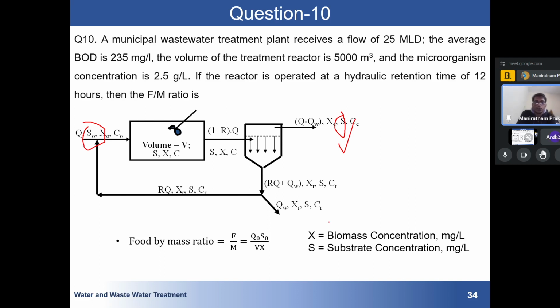I hope everyone knows this formula, this mass balance equation.